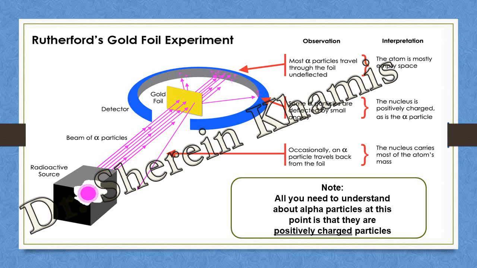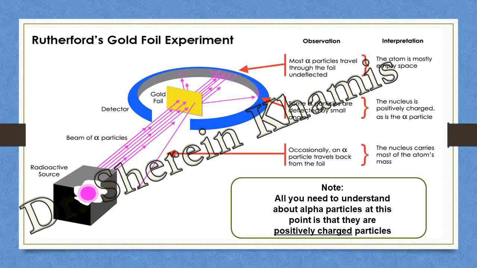In the structure here we have gold foil, and gold has properties that make it helpful in making such activities. Another one here, we have a sheet surrounding it made of zinc sulfide.